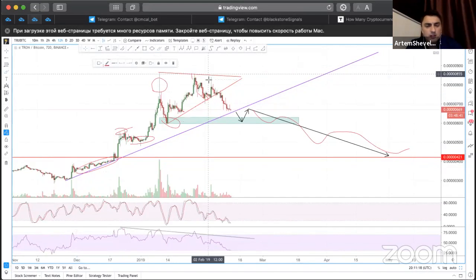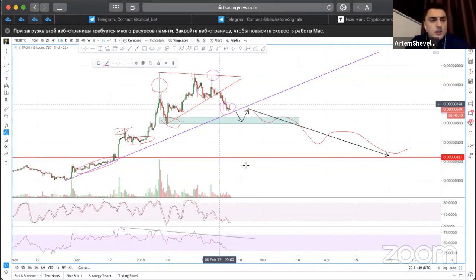Again, not again, first, lower low. I'm sorry, lower high. Sorry for my English. Okay, we have lower high and we have lower low. This is bearish trend. So this is enough for Tron for today.